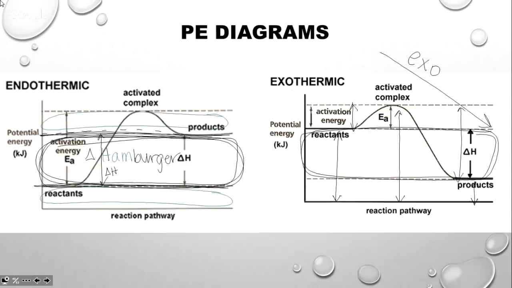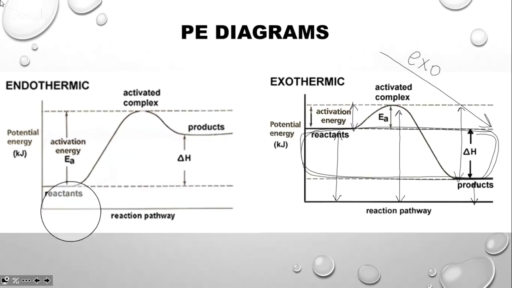Remembered something. Okay, when we talk about this also, remember that if this one is endothermic, delta H is equal to the products minus reactants potential energy.